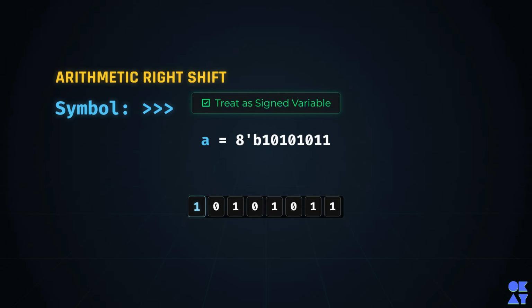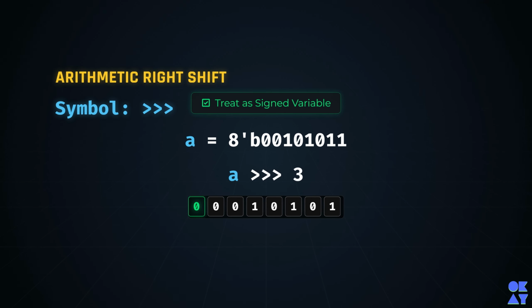If A is signed and the sign bit, that is the MSB, is 1, add 1s like this. A arithmetic right shift by 3 is 1111010. Let's say it's signed and the sign bit, that is the MSB, is 0, add zeros. Let's say A equals 7'b00101101. A arithmetic right shift by 3 is 0000101.